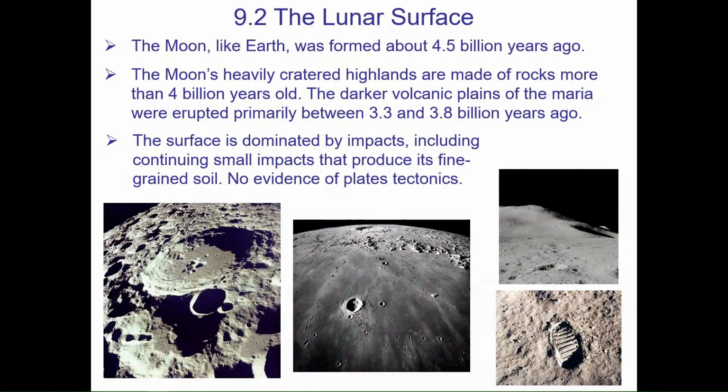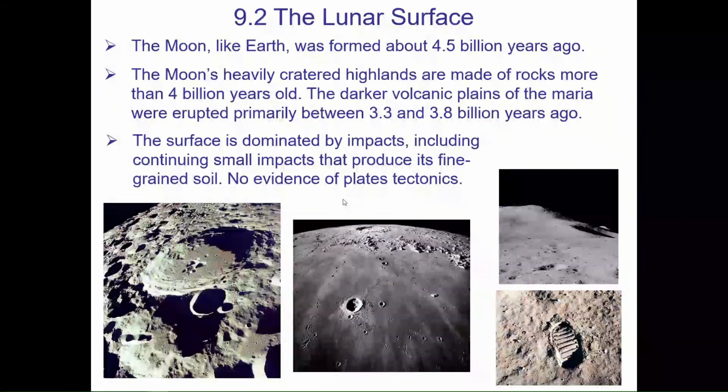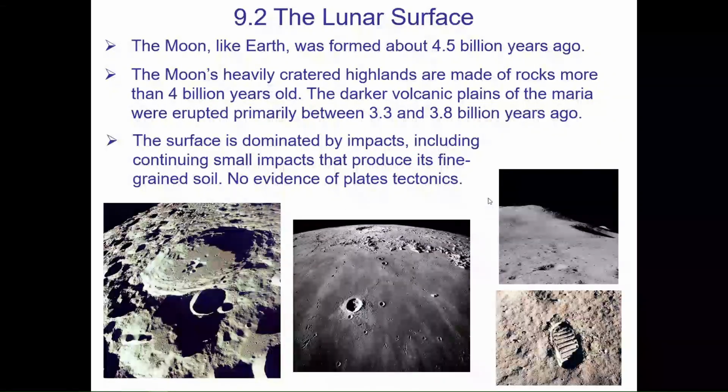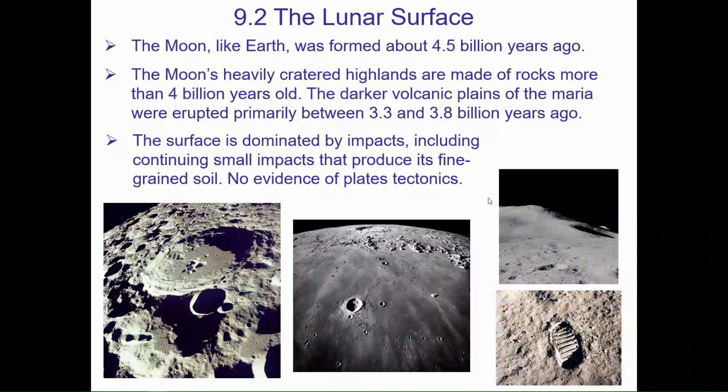Again, if you remember from studying the surface of the Earth, a lot of Earth's surface features are created by plate tectonics, for example the rifts, the ocean trenches, and the high mountains. However, when we look at the surface of the moon, there is no evidence of plate tectonics. No similar feature on Earth that results from plate tectonics is found on the surface of the moon.